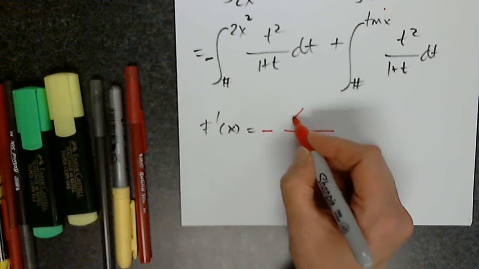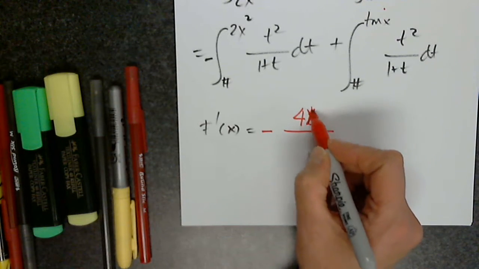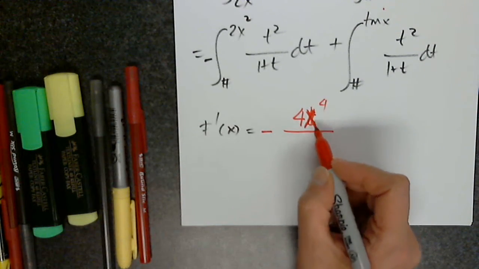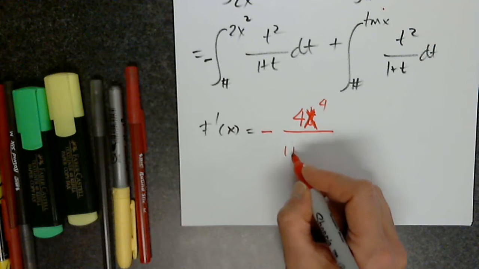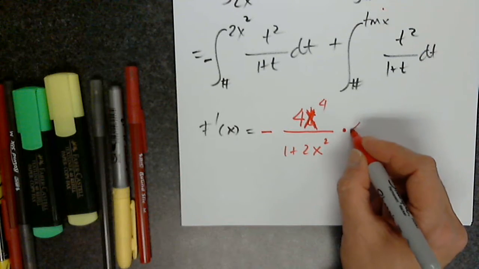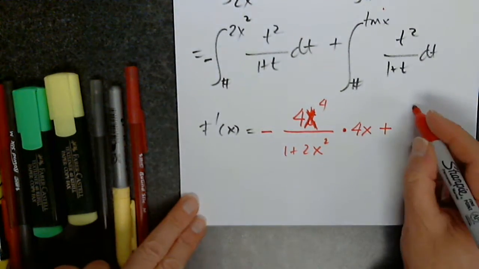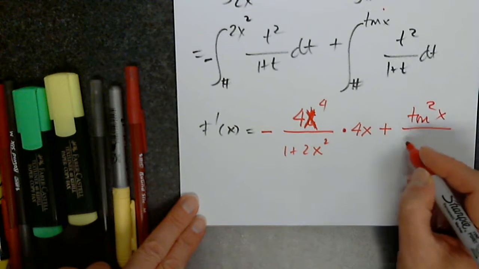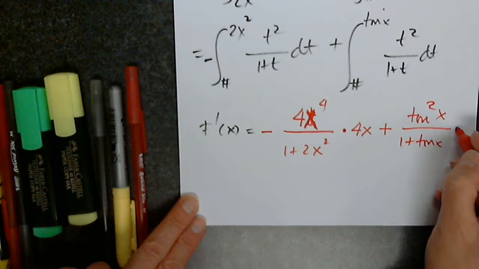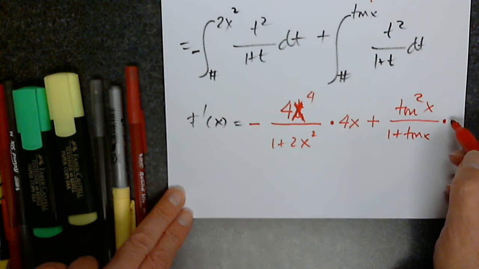So, yeah, 4x to the 4, or I'm sorry, of course, x over 4, or 1 plus 2x squared. Oh, no, I didn't have the right answer then. Okay, so plus secant squared.